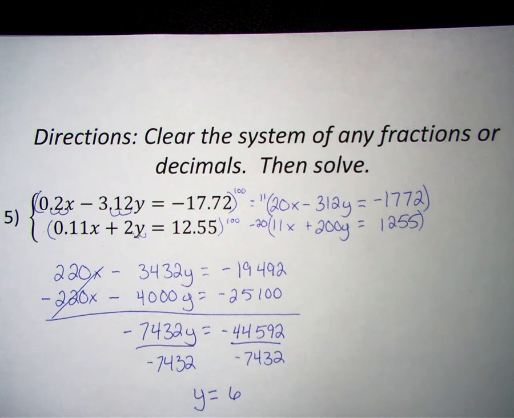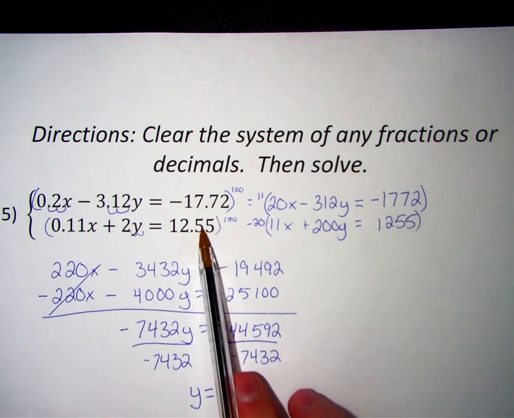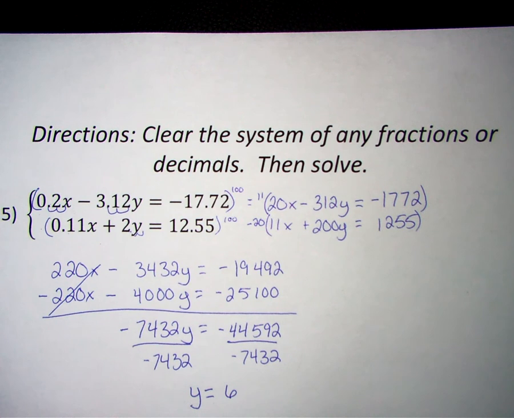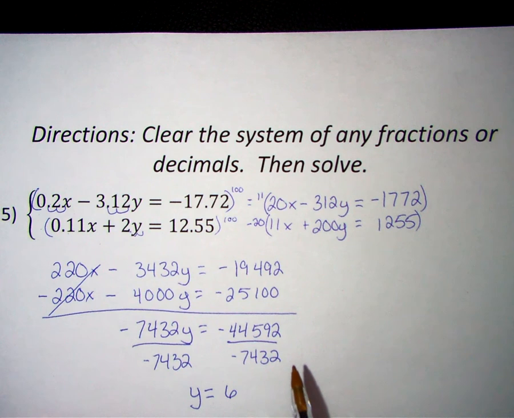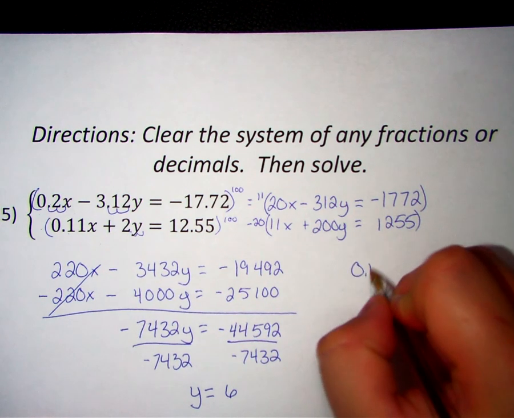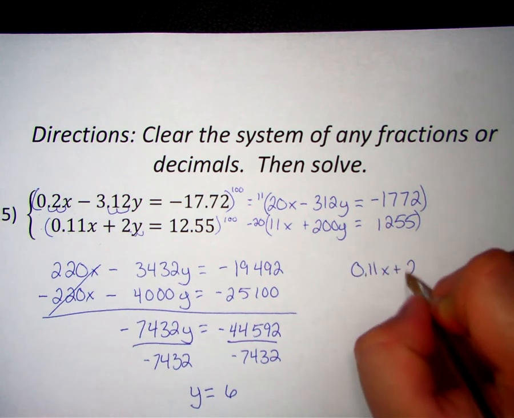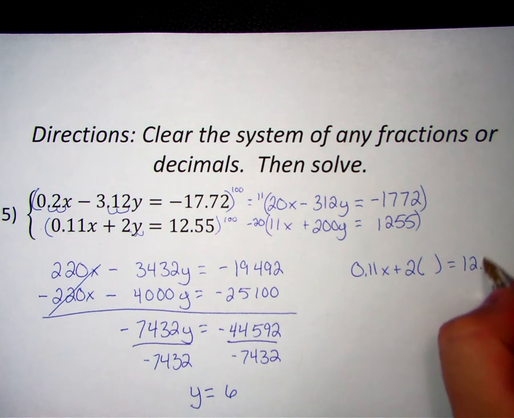Now, remember earlier this week I told you to substitute that value of y in for one of your original equations whenever possible. Sometimes it gets a little bit messier when you're dealing with decimals and fractions to plug things in. This one not so much, because we can use the 0.11x plus 2 times our value of y, which is going to equal 12.55.